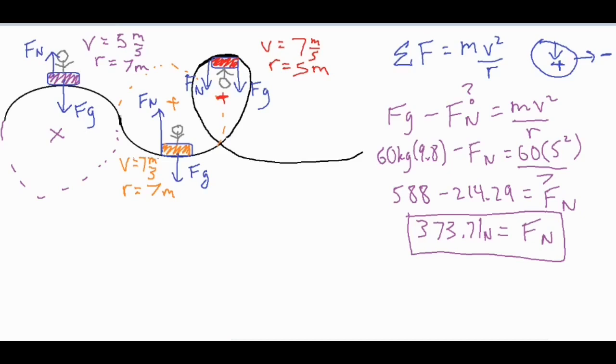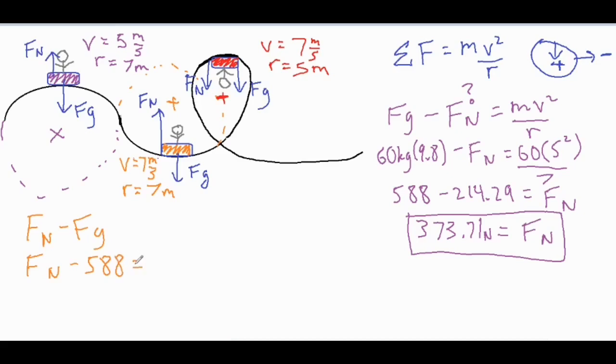Now, the big difference between the first situation and the second one is that if you look at the center of your circle, your Fn is pointing inward towards the center of the circle, and your Fg is pointing away. So your Fn is your positive force, and your Fg is your negative force. So for this one, we know that our Fn is our unknown. Our Fg is still 60 times 9.8.